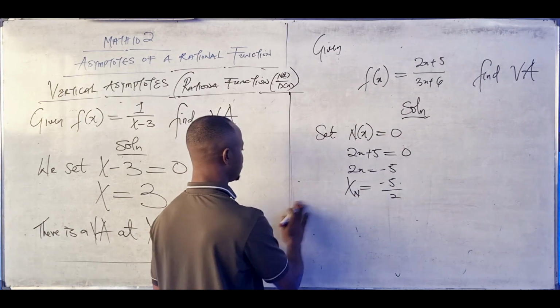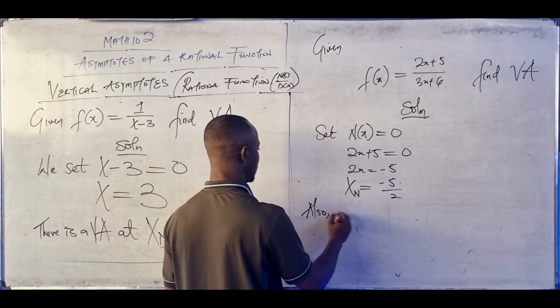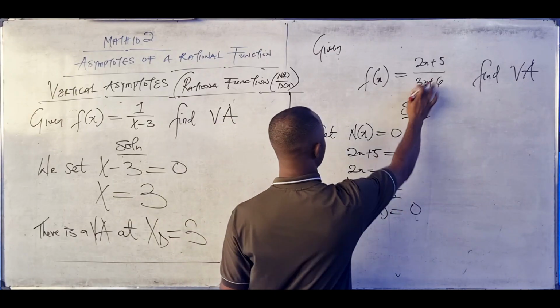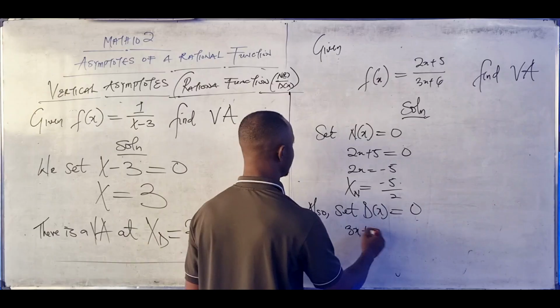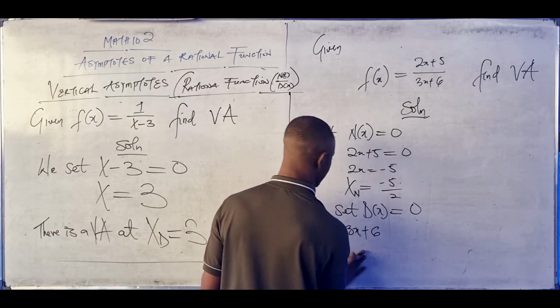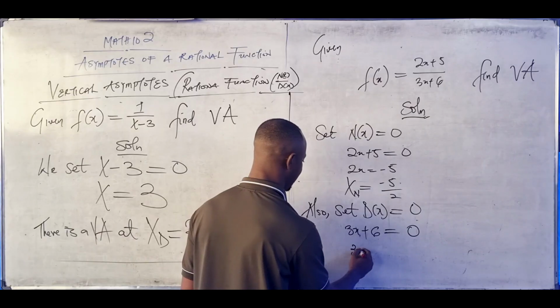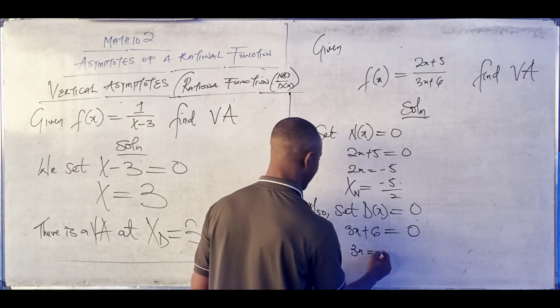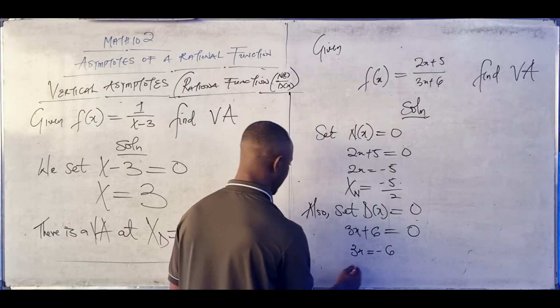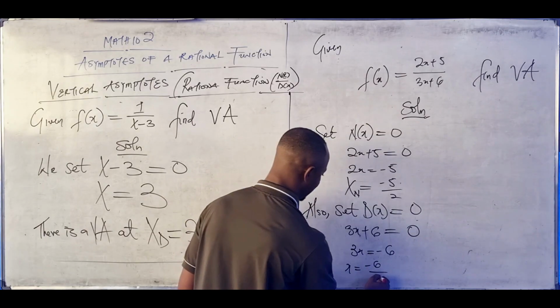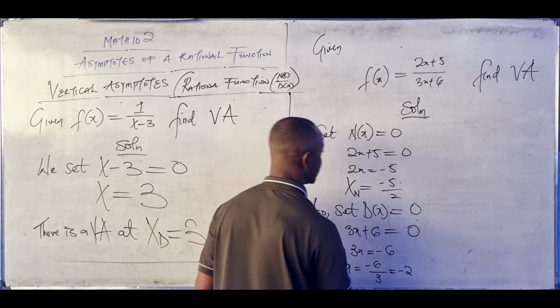So also, we have to set D(x) equals 0. What's our D(x)? 3x plus 6 equals 0. So we have 3x equals minus 6. Is that clear? Our x becomes minus 6 over 3, which equals minus 2.